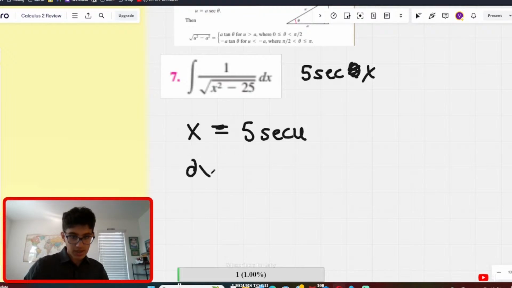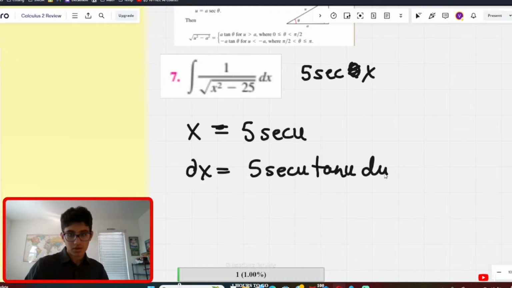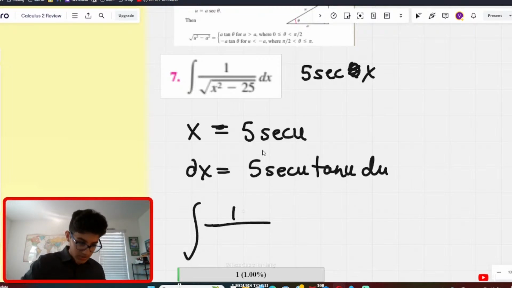Over here, you get dx is equal to 5 secant u tan u du. So it's kind of the opposite of u substitution. When you plug this in, you just get the integral 1 over 5 secant square theta, 5 secant theta squared, which is 25 secant square theta, minus 25 will just give you 5 tan theta, tan u.